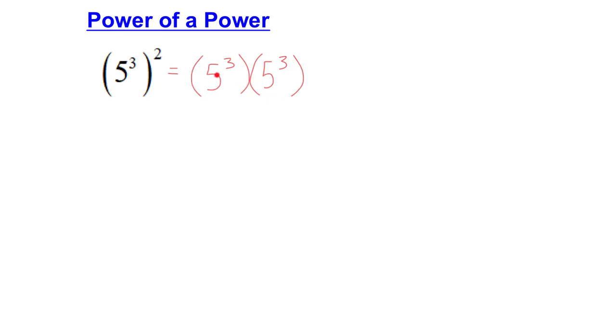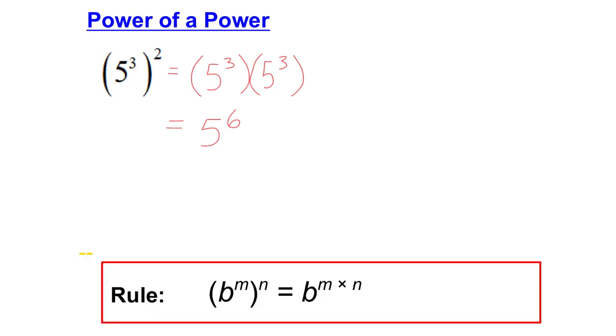Now I'm multiplying powers with the same base, so I can add those exponents, and I end up with 5 to the exponent 6 as a single power with one base with one exponent. Now what's the shortcut? How do I go from here directly to this? What do I do with the 3 and the 2 to make a 6? Multiply. So here's that rule. A power of a power gets simplified by multiplying the exponents.